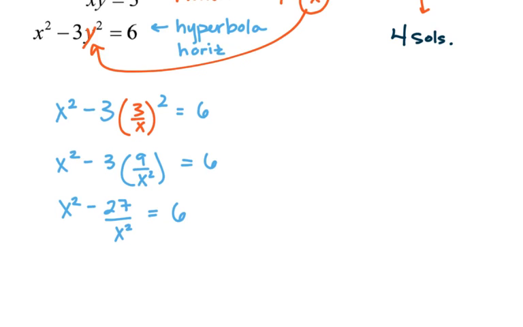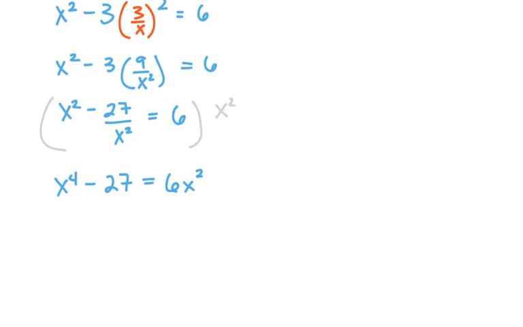So now we need to solve this rational equation for x. In order to do that, I'm going to take the entire equation and multiply by the LCD to clear the fractions. That leaves me with x to the 4th minus 27 equals 6x squared. So this is a quartic polynomial equation, and I know this is going to have 4 solutions.